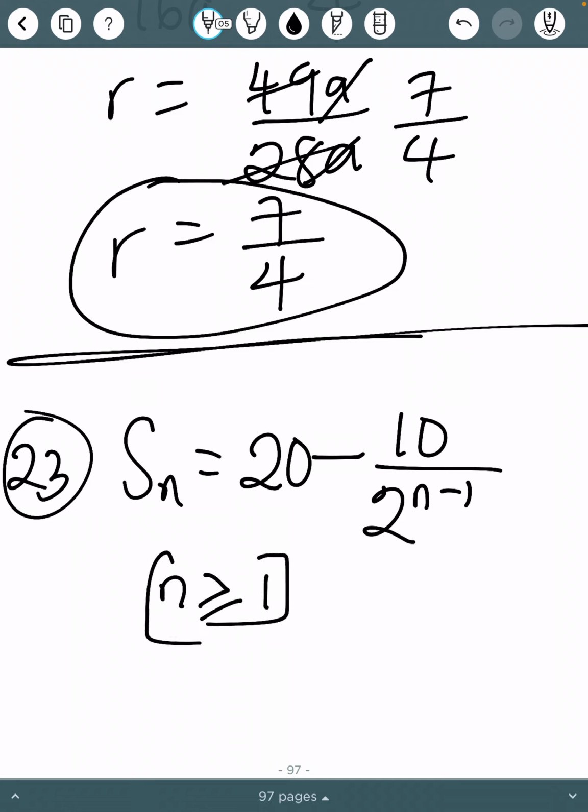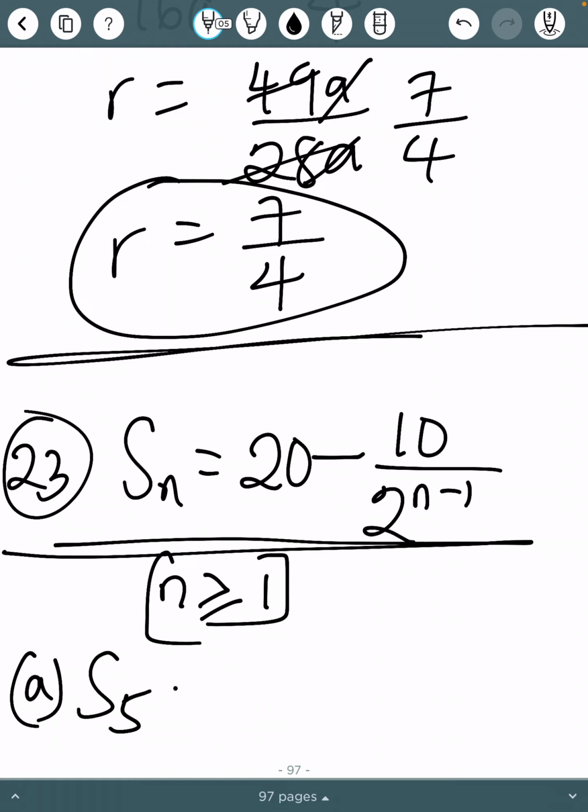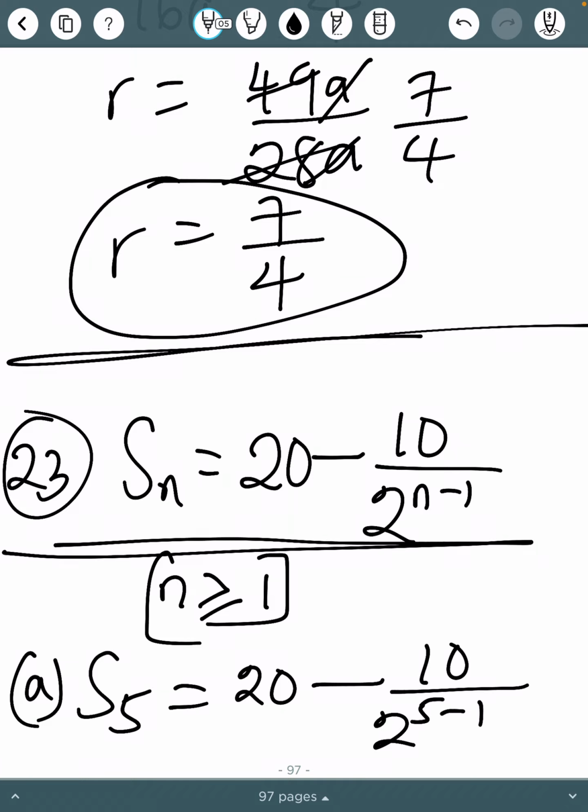Now, the question says we should find the sum of the first 5 terms. That means the sum of the first 5 terms is S5. S5 will be equal to 20 minus 10 over 2 raised to the power 5 minus 1.